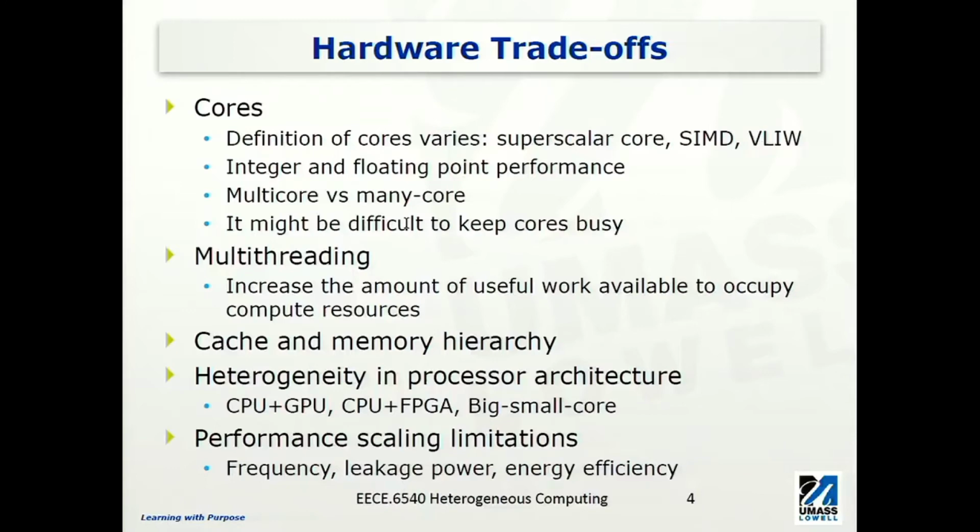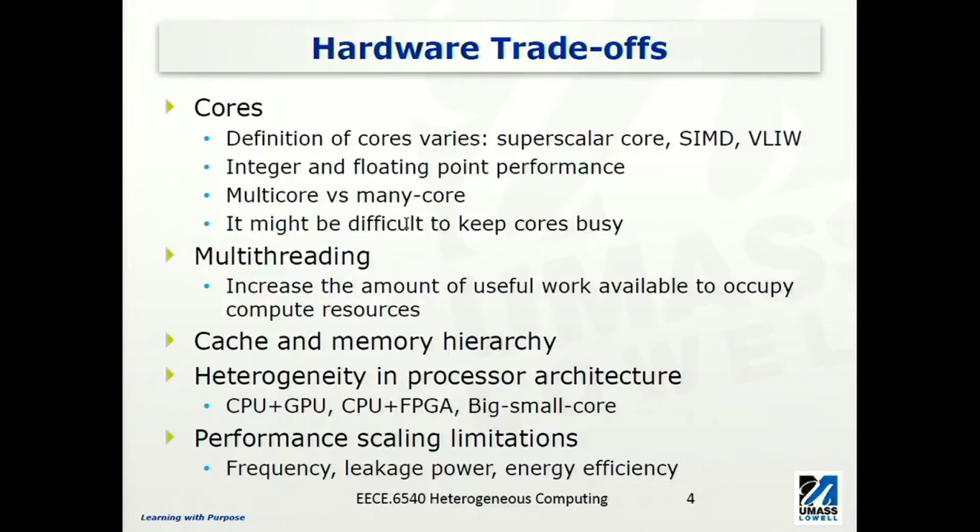There are different kinds of cores. Superscalar cores, which is when people start looking at how to improve a single processor's performance, they look at the instruction level: how to schedule the instructions earlier, how to execute them at the same time as other instructions. Also, SIMD or VLIW are all examples of the design options.